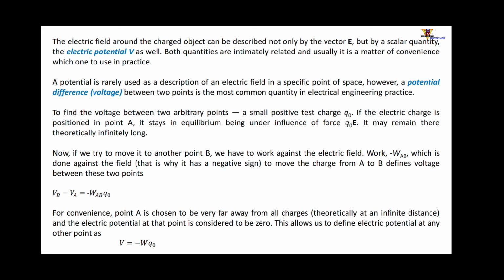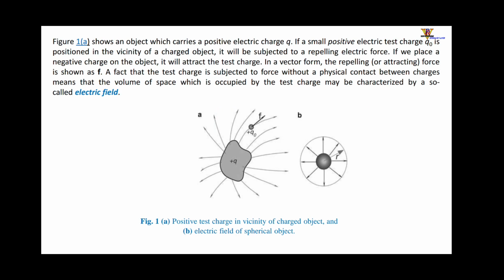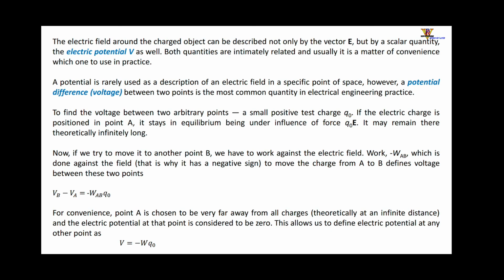The electric field around a charged object can be described not only by the vector E. So the electric field around that plus q charge is defined not only by the vector quantity E, but also by a scalar quantity, the electric potential V. You are engineering students, so I hope you know about these terms. You studied electric potential and electric field in your previous semester, so this is just a revision.